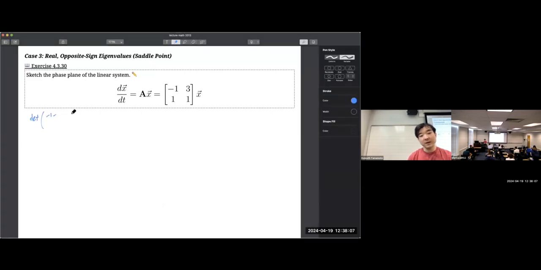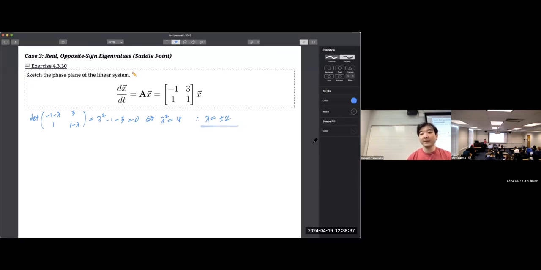So I'll just do this: (-1 - lambda)(1 - lambda) - 3, which is equal to lambda squared minus 1 minus 3. So the eigenvalues will be equal to 4. Therefore, your lambdas will be plus or minus 2. So you have two eigenvalues, but they're different signs.